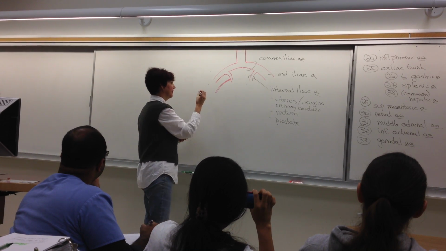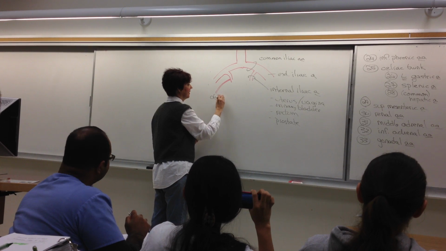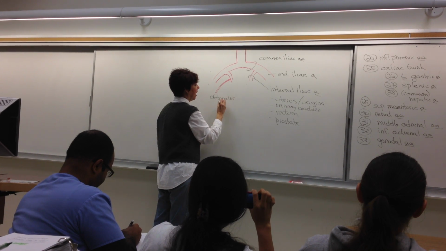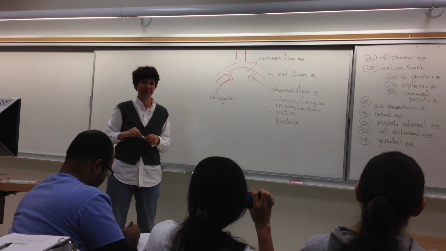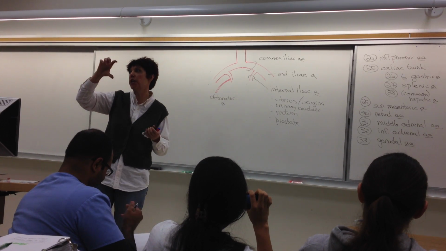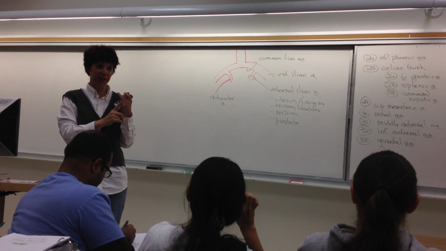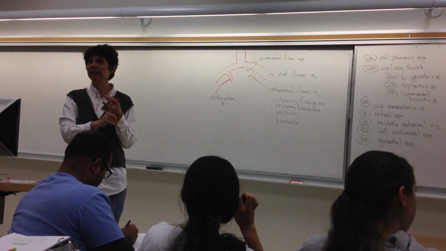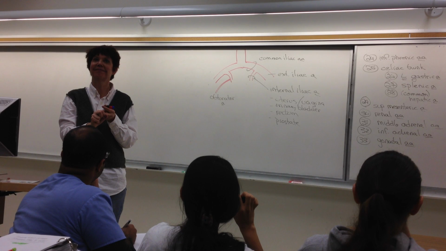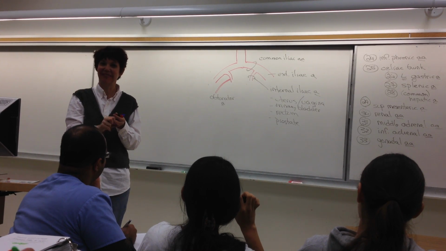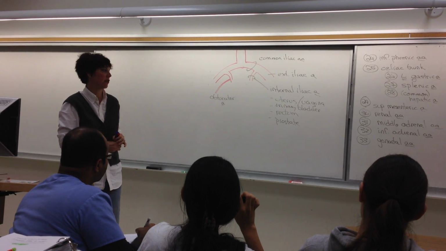Guess what we have? The obturator artery. So passing through that huge obturator foramen are three structures: obturator nerve, obturator artery, and obturator vein. That's it. The rest of that is a fascial structure.